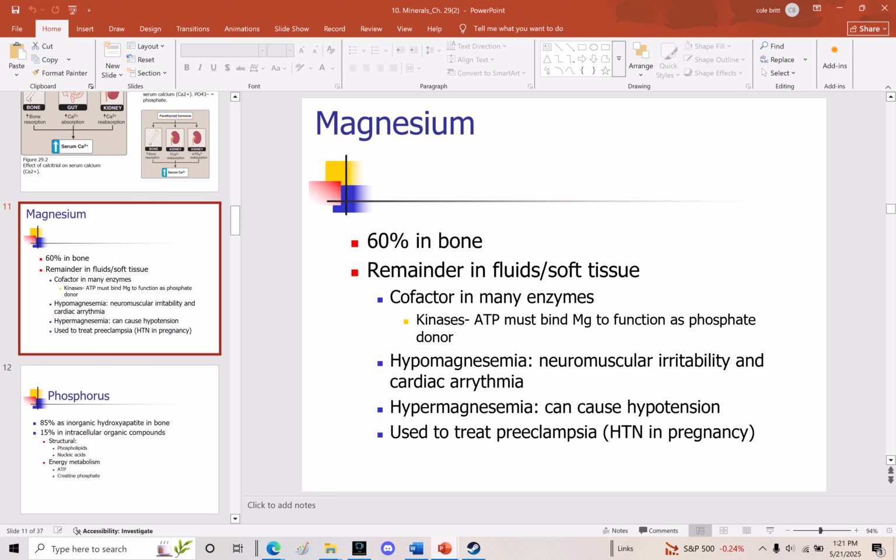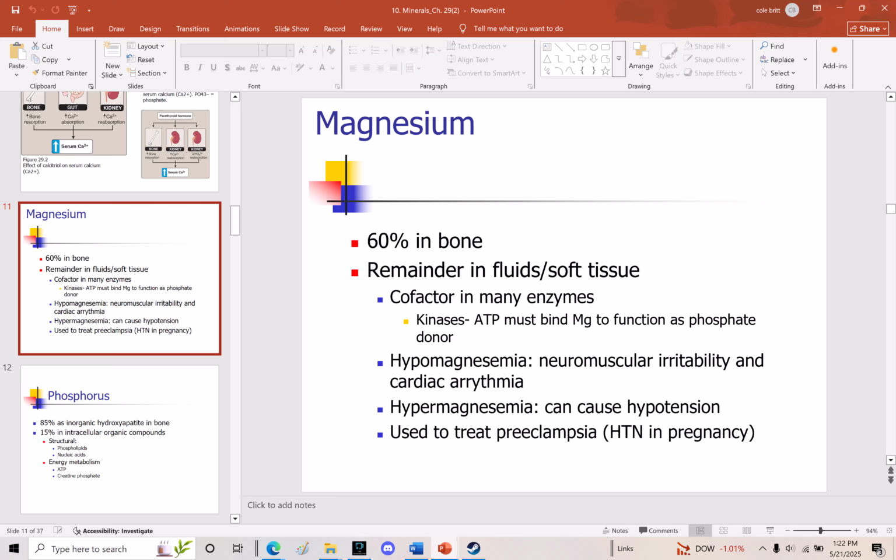Okay. So this is a cofactor, meaning the enzymes that need magnesium will not work unless magnesium is bound. And in this case, it's extremely important for kinases. Kinases need to phosphorylate things, and especially ATP. So you cannot use ATP unless you have magnesium.